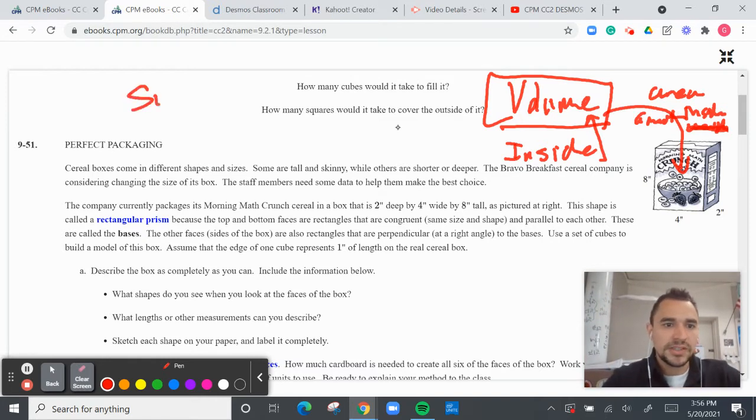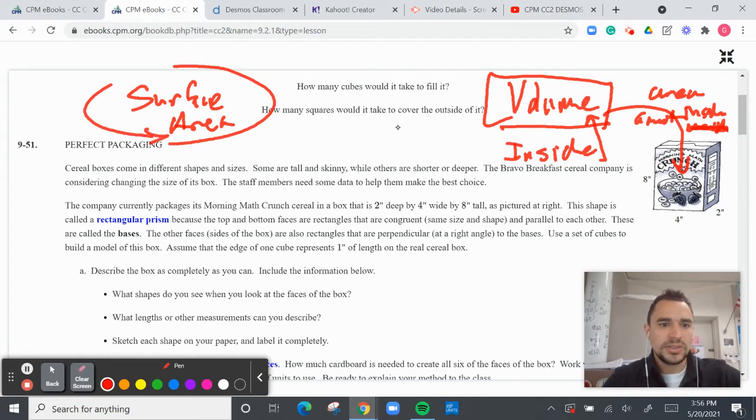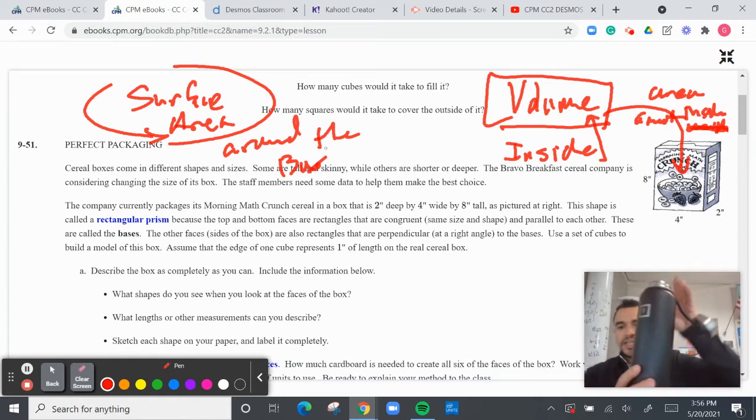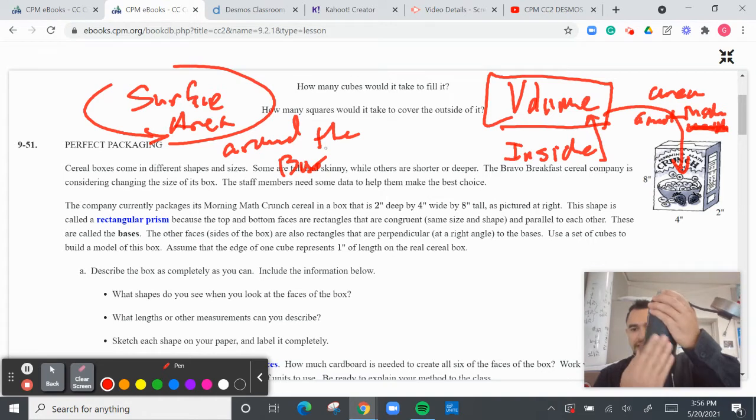Then we have surface area. And surface area is basically going to be what is around the box. So volume is inside the box, surface area is around the box. If I were to just take this water bottle, for example, the surface area is the black on the outside here.